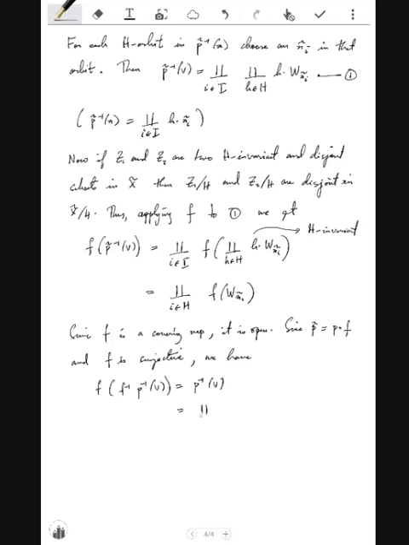This is equal to the disjoint union over i in I of f of W x_i tilde. Thus, p inverse V is a disjoint union of open sets.